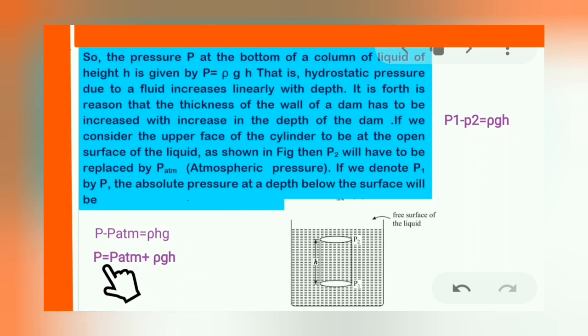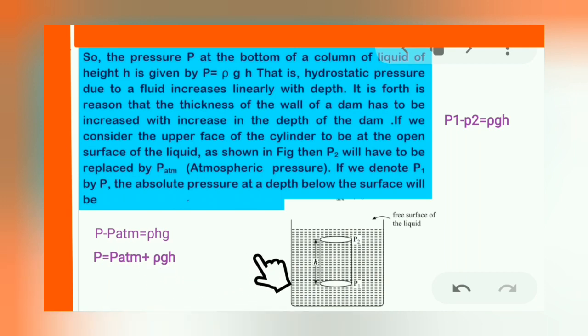That is, P is equal to P atmosphere plus rho g h. Suppose we want to find the pressure at a depth, we have to calculate the pressure exerted by the atmosphere till the surface plus the pressure exerted by the liquid. That is why the pressure at a depth is P equal to P atmosphere plus h rho g.